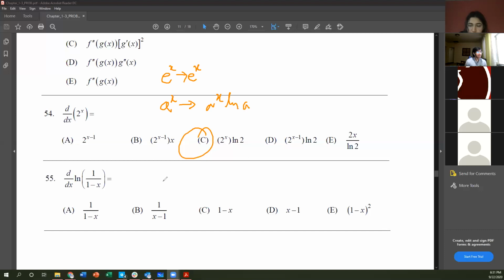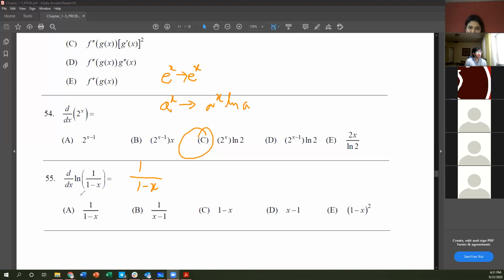Actually, I can't find the correct answer. I think it's A. You think it's A? Yeah, because I think ln of x would... You're right. I didn't see the ln. Okay, then it would be 1 over 1 minus x.